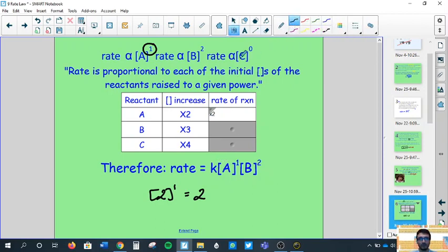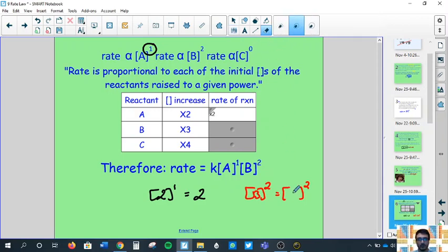Okay, now for B, what will happen to the rate? B has an exponential relationship. If we double B, so let's say it was 1, we double it. Oh, sorry, you're looking at this and you're hearing me say double, and it's not really being doubled, it's being tripled. All right, let's fix that.